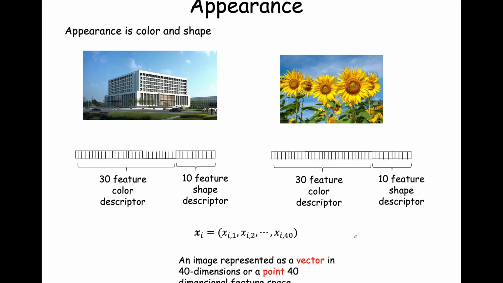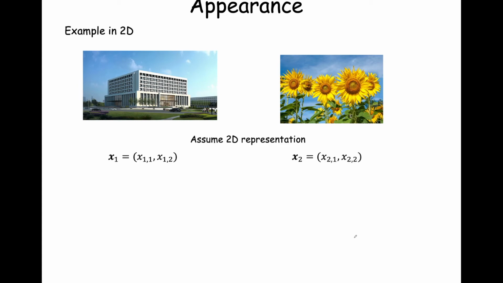in 40-dimensional feature space. So let's go to an example in 2 dimensions because I want to make a point about how you would compare 2 images based on their content. Again, we have the building image on the left, and we have the sunflower image on the right.